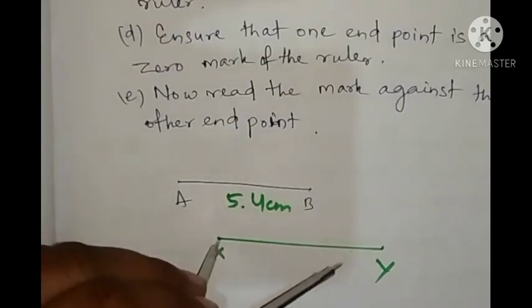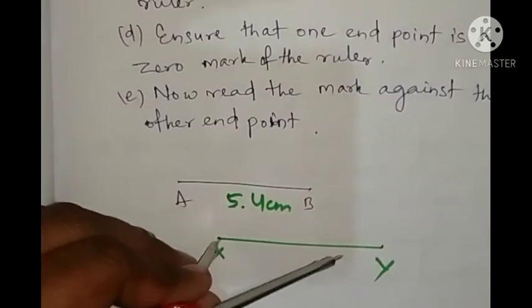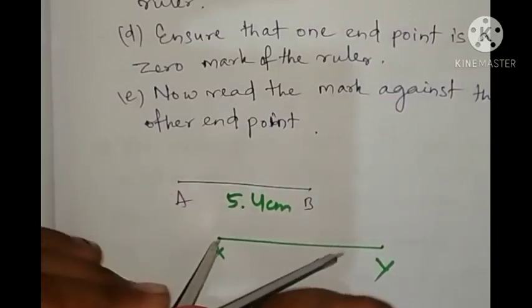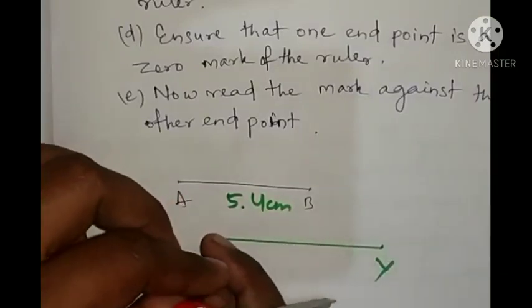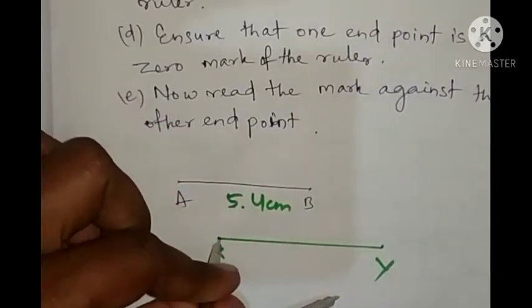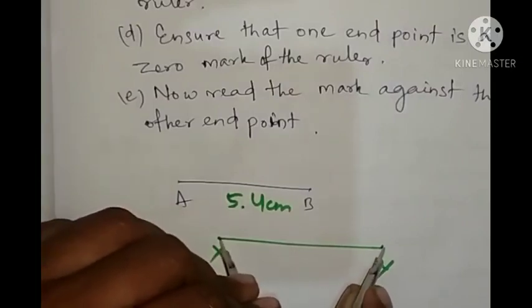Then I'll adjust to the Y. First we'll fix here. You can put here firmly and adjust. You hold in this position and adjust and bring it to Y, the other end point.